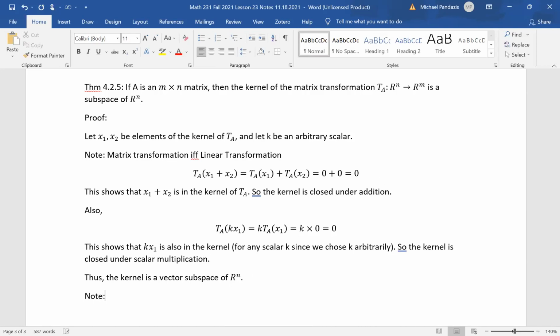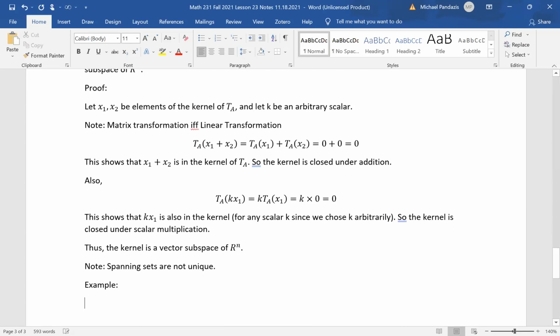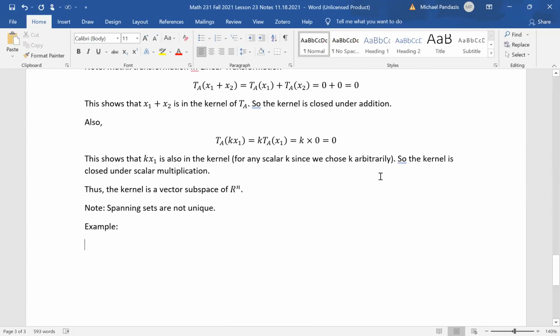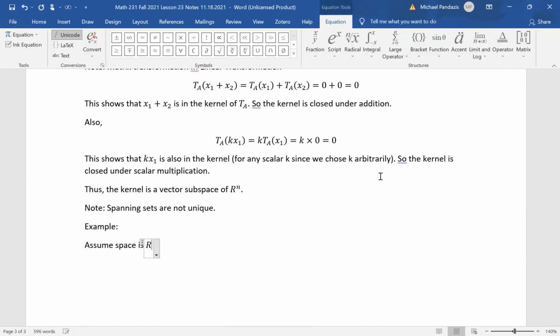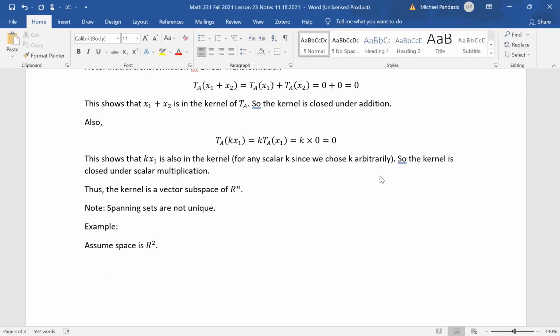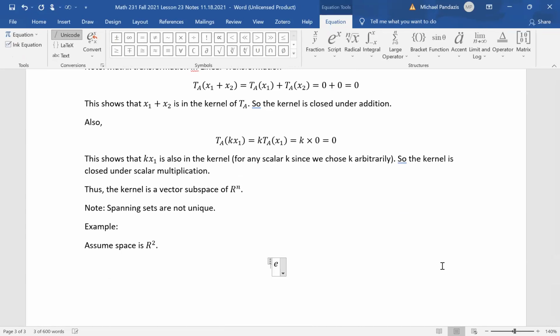Okay, note, spanning sets are not unique. As an example of that, let's assume the space is R2. So we know that the standard unit vectors span Rn.